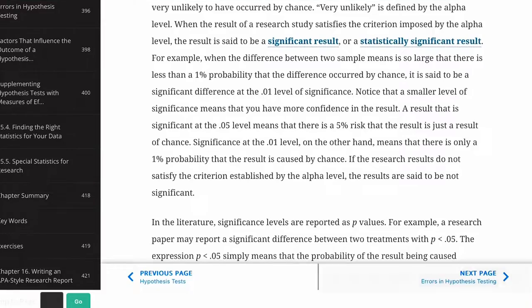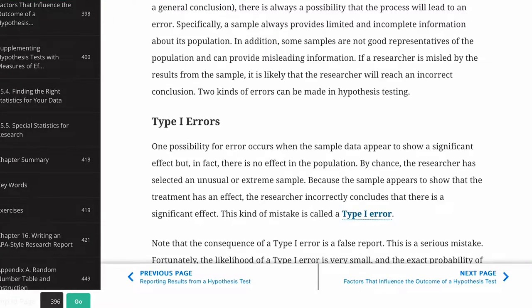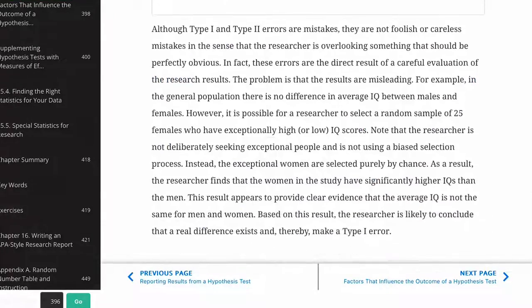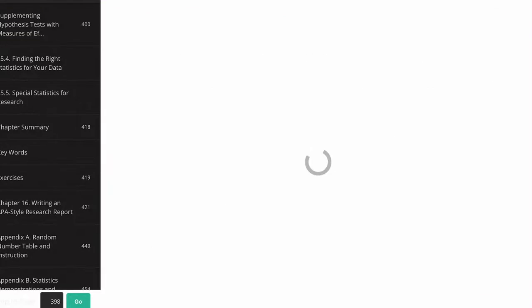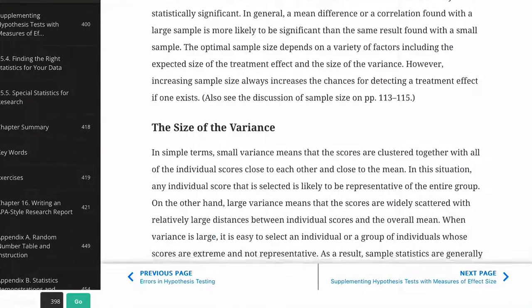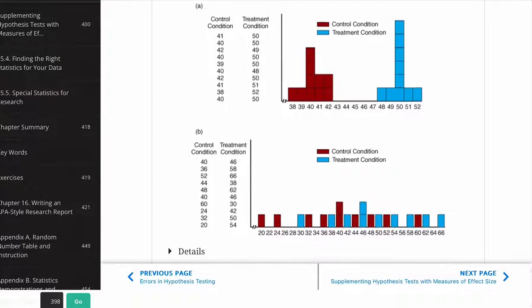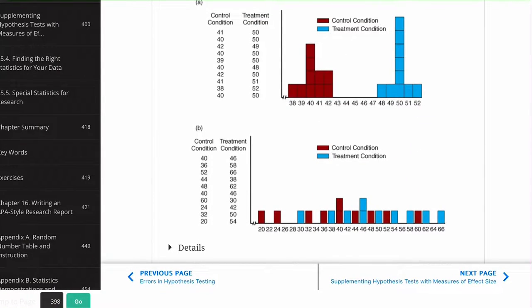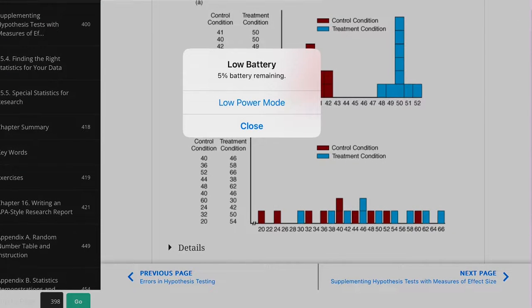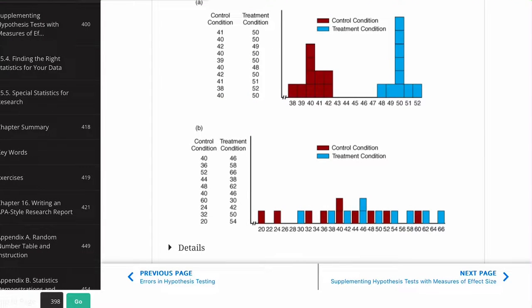Let me skip over here. That makes it harder for you to see the real difference. And so the 15.10 here is actually a duplication of the 2 figures from chapter 8 where we talked about this, and you can see that in scenario A up here, the sample means are very clustered around each other.